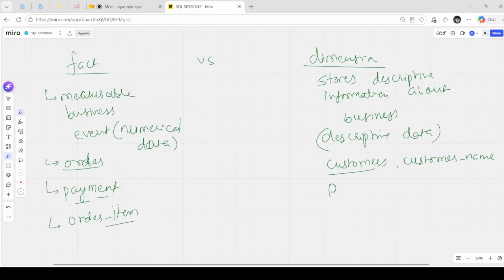Similarly, we talk about the products table. Here we have product name, right? So product name is telling me the description about the product. Similarly, we can have category name also. Now this category alone is not giving me any information.